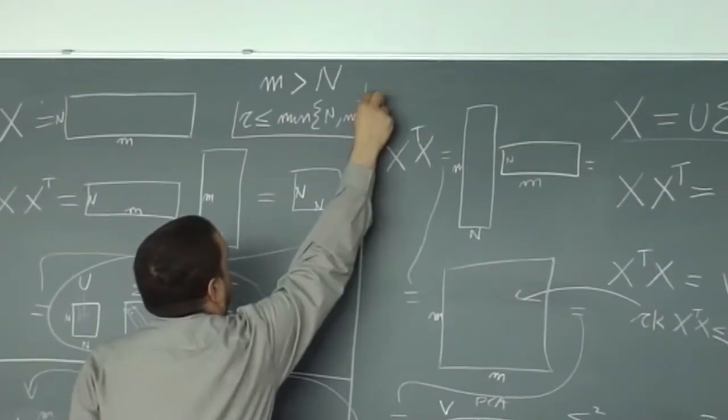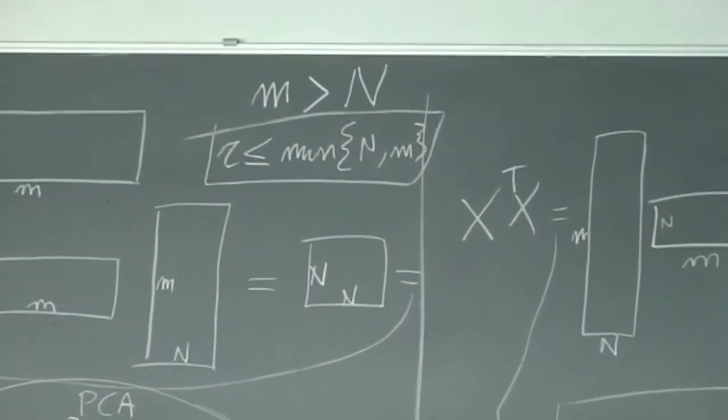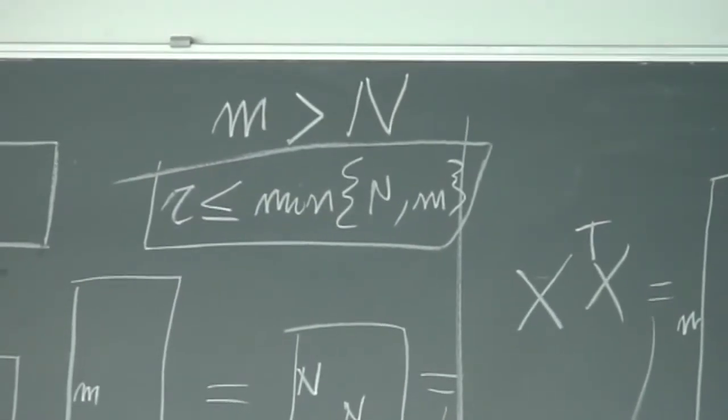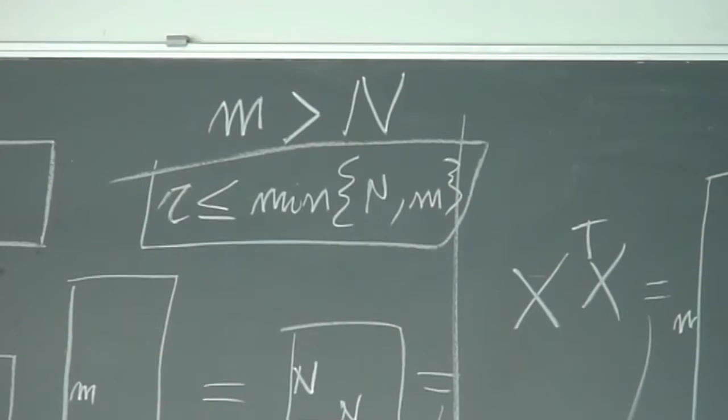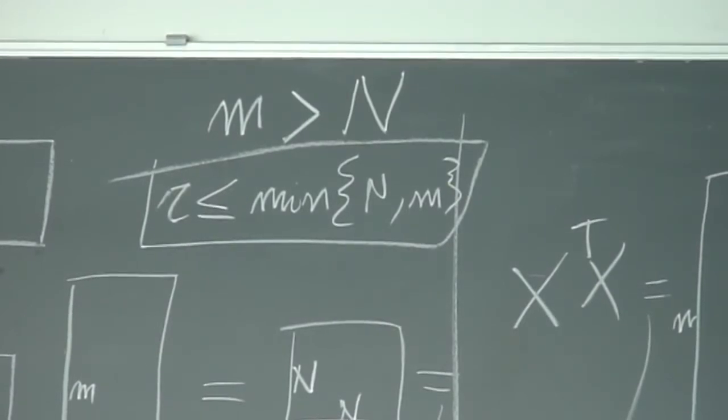This is all that we can say about the rank of a matrix a priori. But actually, the rank of the matrix may also be smaller. If the rank is smaller, it means that not all of the n rows of this matrix are linearly independent.